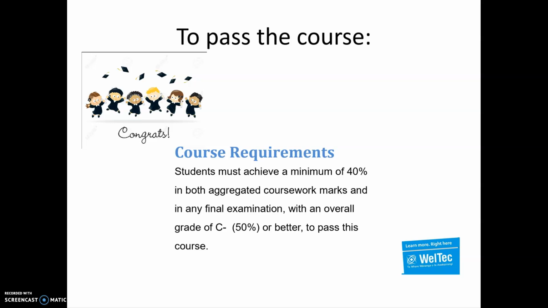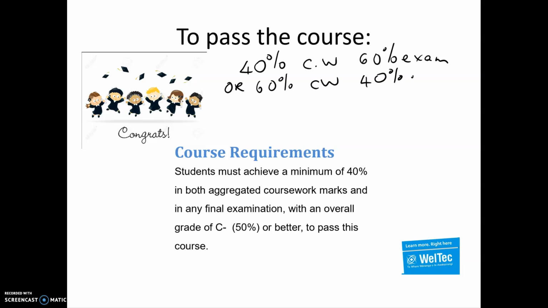What it means is that if you're going to pass the course, you've got to get either 40% in your coursework and 60% in the exam, or 60% in your coursework and 40% in your exam. Now, that gives you an average of 50%, and that will get you a pass. But this is a minimum requirement.